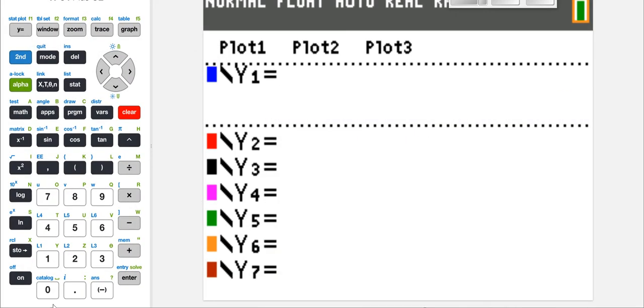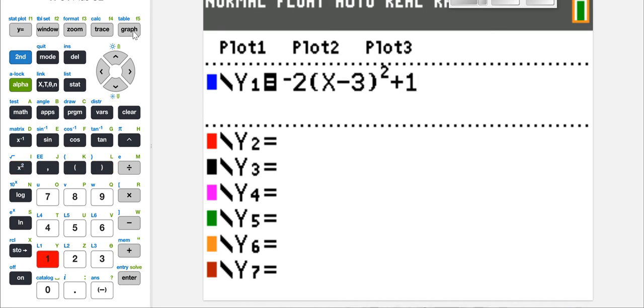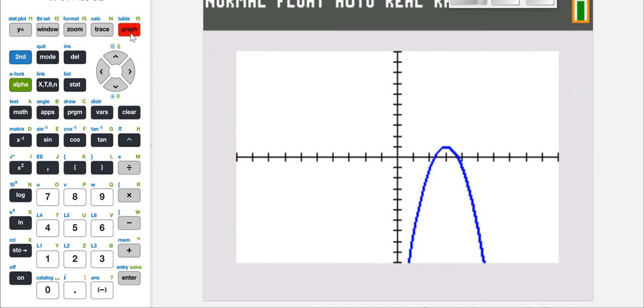So -2 open bracket x minus 3 close bracket squared plus 1, and then graph. Alright, so Math 10C stuff.